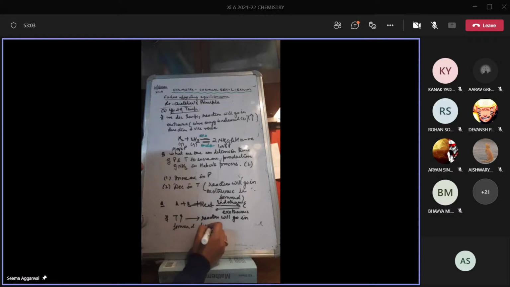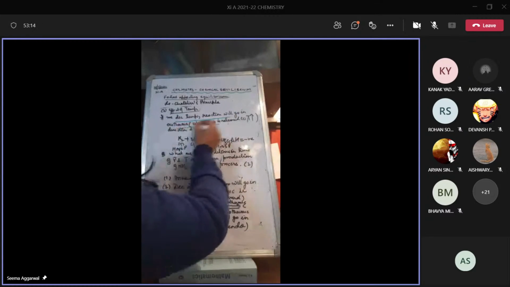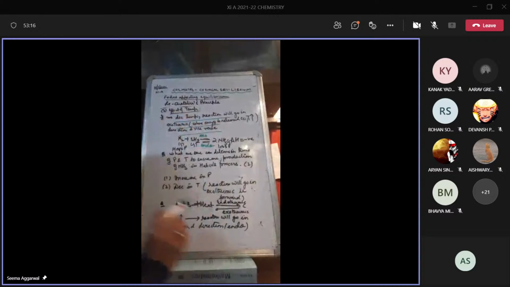Forward means endothermic. So just keep this in mind: whenever we decrease the temperature, the reaction will go in the exothermic direction, and whenever we increase the temperature, the reaction will go in the endothermic direction. You should know which is the endothermic direction and which is the exothermic direction. Is the point clear?